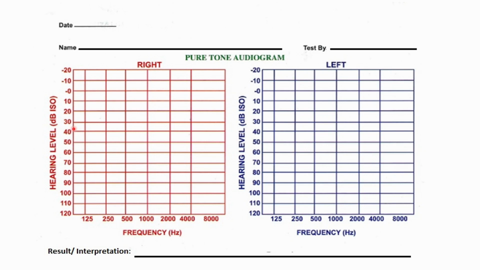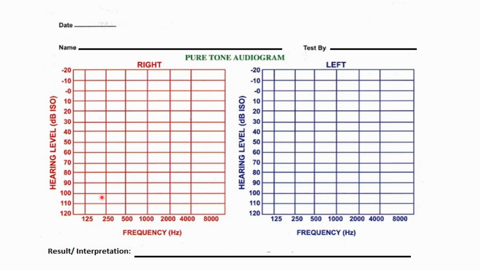When the examiner starts the procedure, he can either go from below upwards or from above downwards. He will give the pure tones through the machine, and whenever the patient hears the sound, he will press the button, and that frequency at that particular intensity is considered normal for that patient.